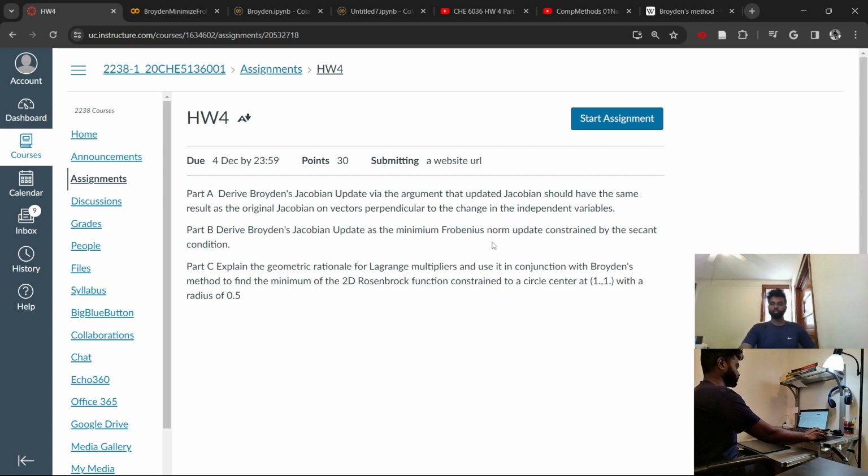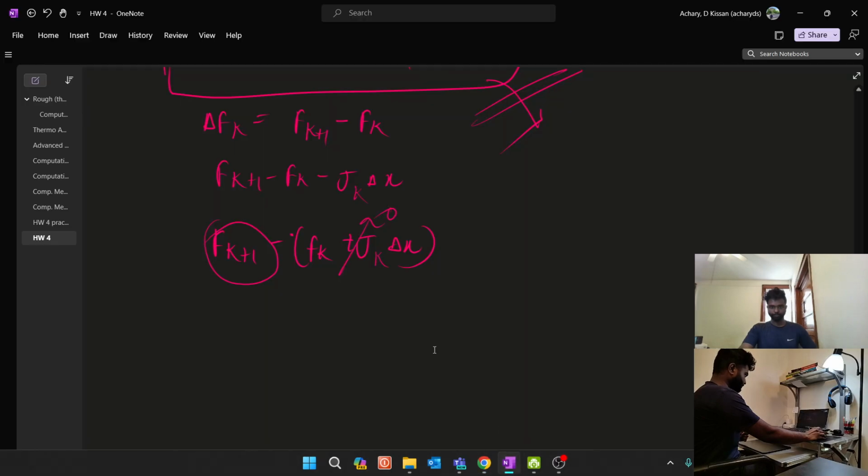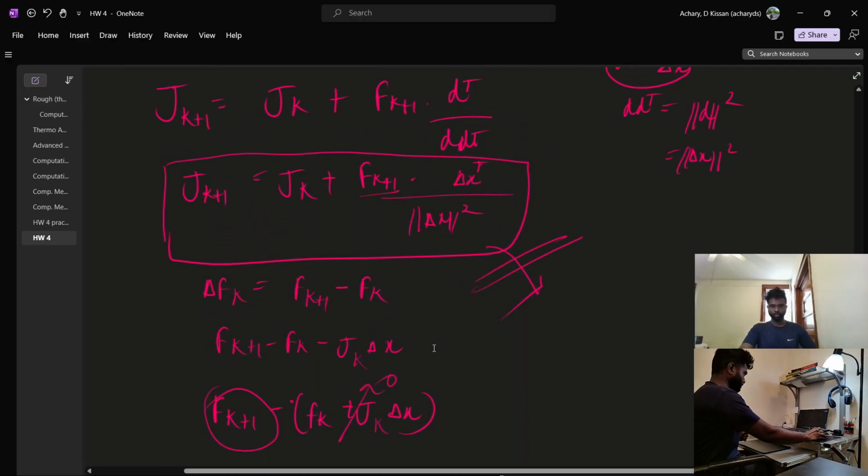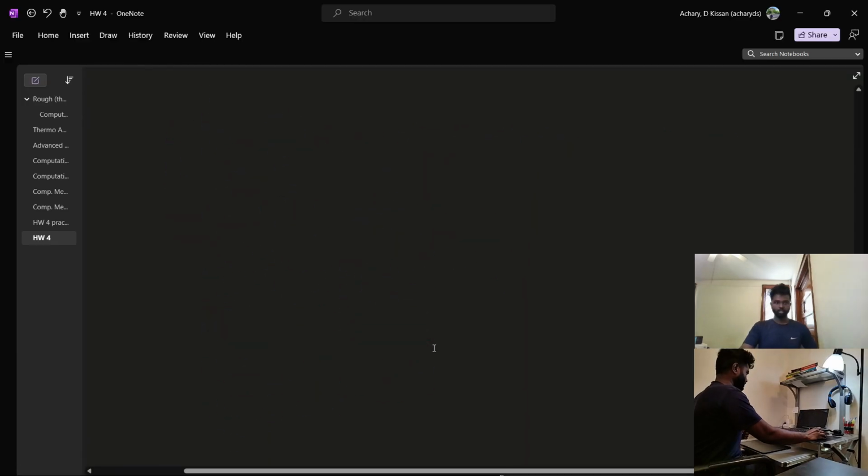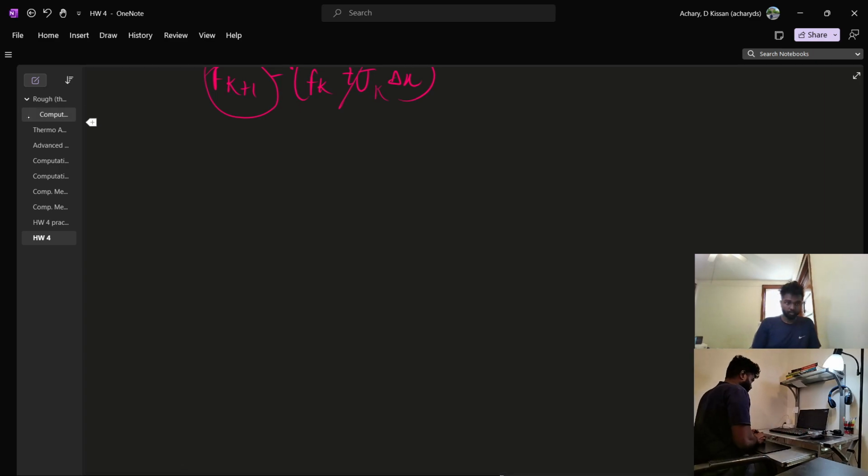So we're going to get Broyden's equation, which we proved in the last part, but this time using the minimum Frobenius norm update, constrained by the second condition. So let's get started. This one we already discussed in part 1.